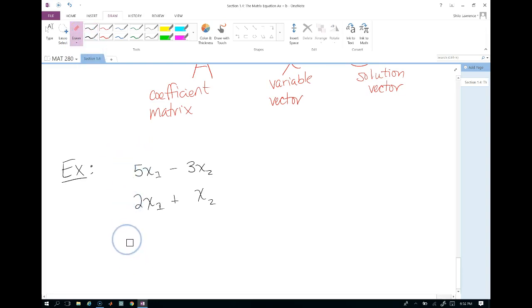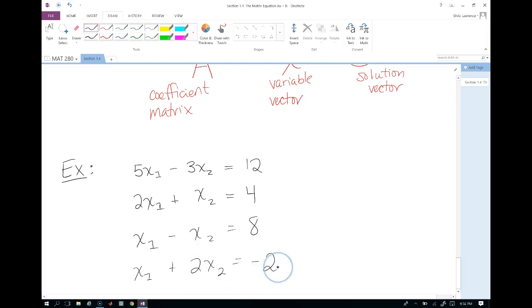Right now I'm just writing out my system. x1 minus x2 equals 8. And then x1 plus 2x2 equals negative 2.